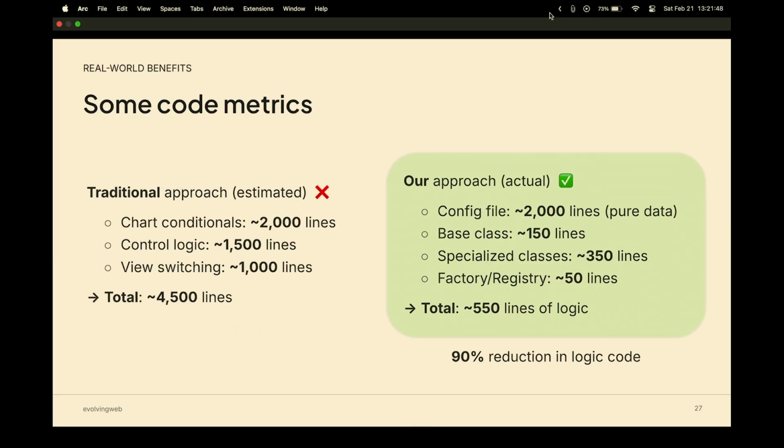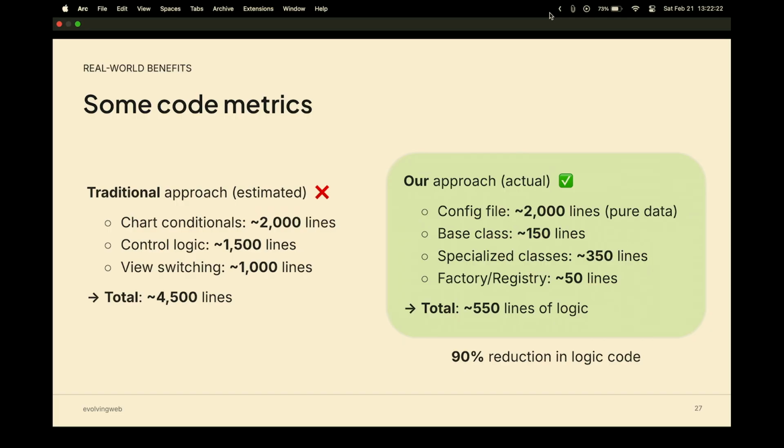Another benefit, if we speak about code metrics: the traditional approach would necessitate a lot of coding. These are example numbers, not actual ones for both sides, just to illustrate what I mean. Our approach is going to have a lot of lines in the config file, as we want to describe the data as precisely as we want.